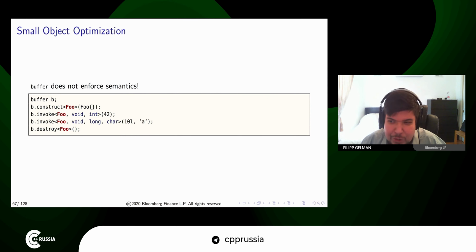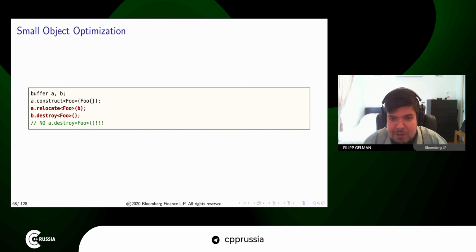And eventually I need to remember to destroy the foo I put there. Now construct and destroy are syntax sugar that will do the right thing, and will figure out whether foo fit or not and either explicitly destroy it, or delete it, or cast an array, or cast a pointer, as long as I correctly tell it which foo it has.